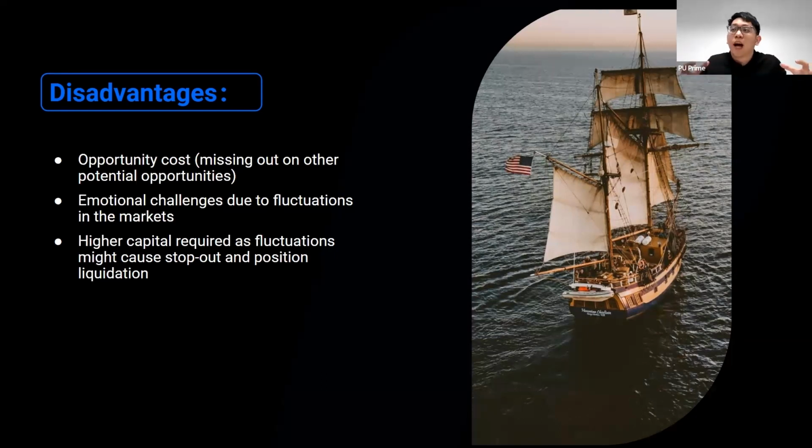The fluctuation during the period will be very big, so sometimes it causes you to get stopped out. When you get stopped out, the loss will be greater compared to day trading or even scalping. For scalping, let's say your stop loss is just 50 or 100 pips, but for position trading, you might lose 1,000 pips or more.